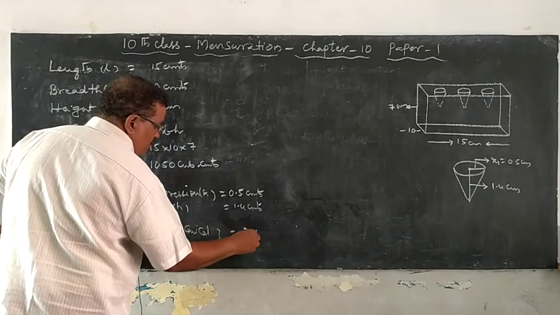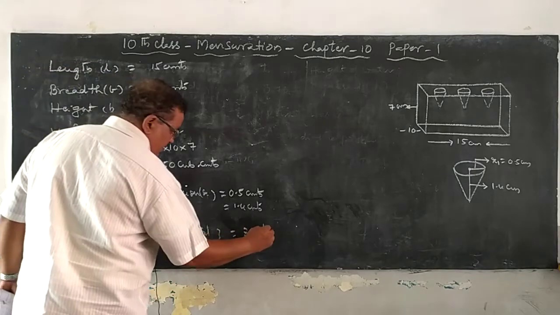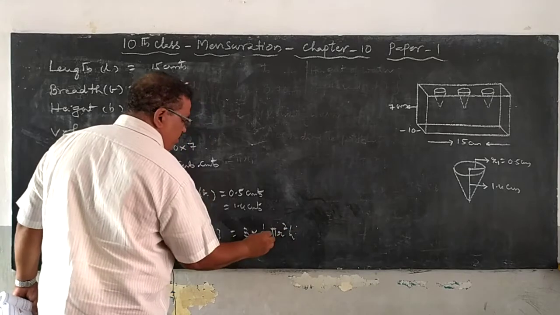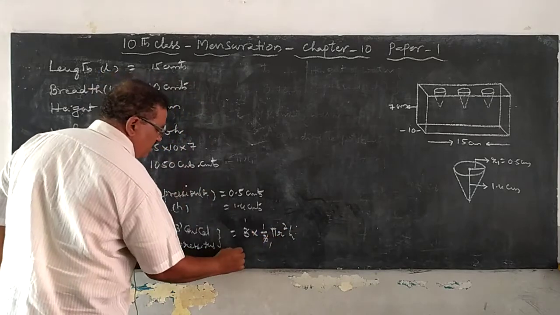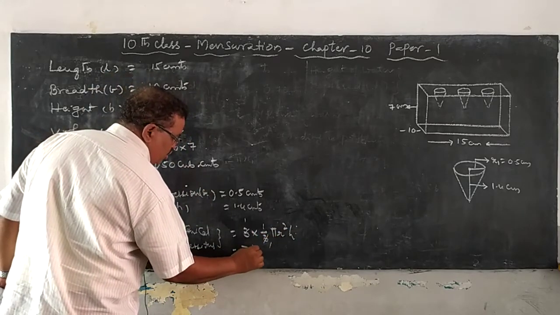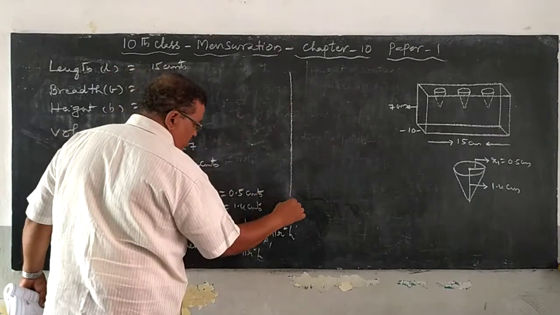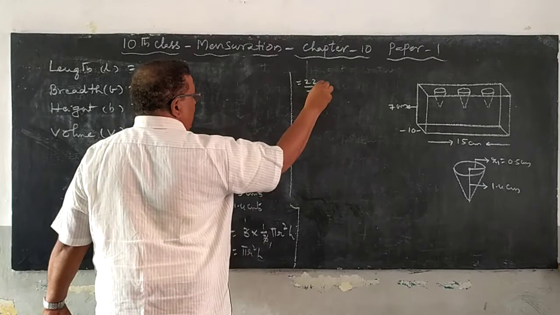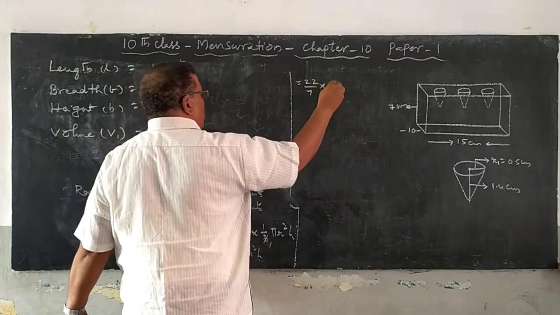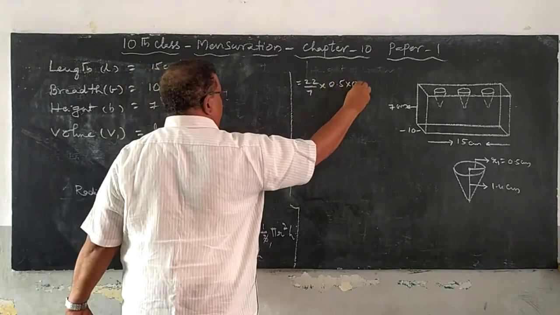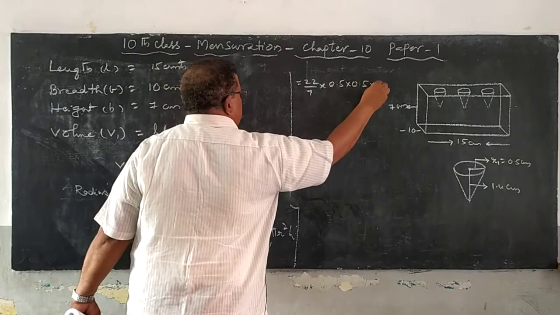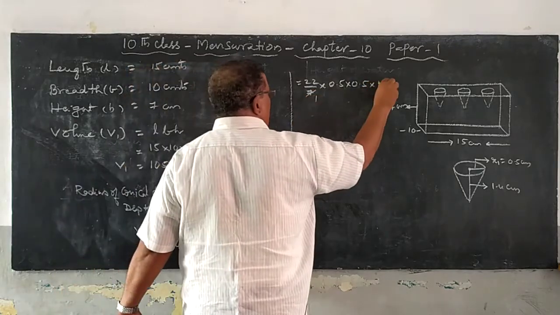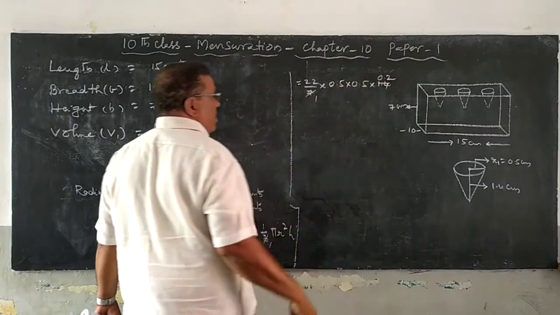Formula: 3 into the volume of a cone, you know that is 1 by 3 into pi r square h. So the 3s cancel, pi r square h. Apply the values here, children: 22 by 7 into 0.5 into 0.5, height is 1.4. The 7 ones cancel, 0.2s are 1.4.